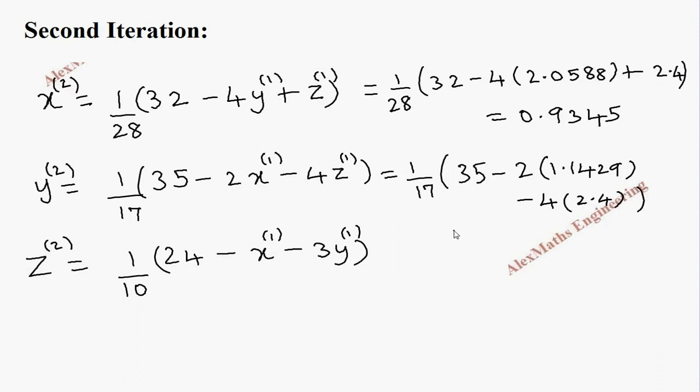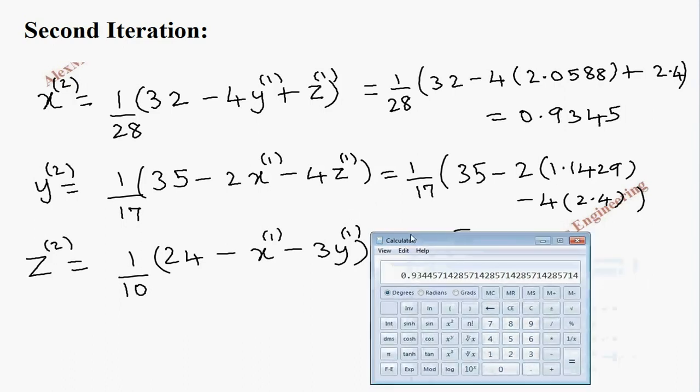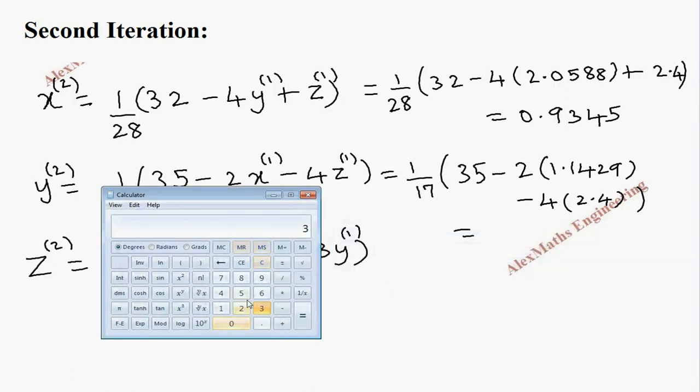So we are going to use the calculator, and this will be 35 minus 2 into 1.1429, then minus 4 into 2.4, and this value divided by 17. We get 1.3596. When we round off, this will become 1.3597.